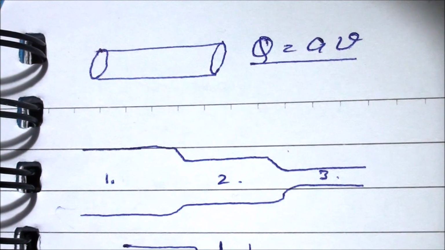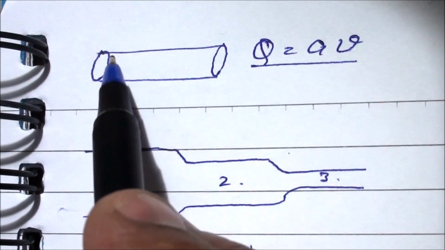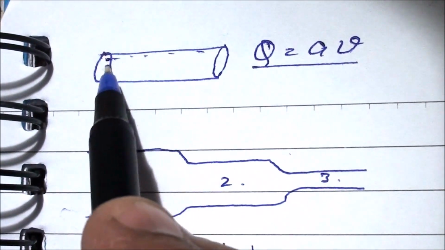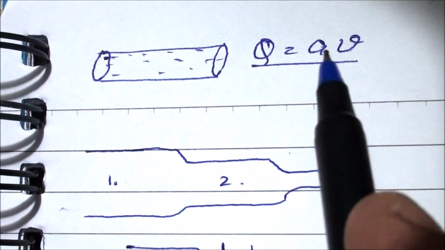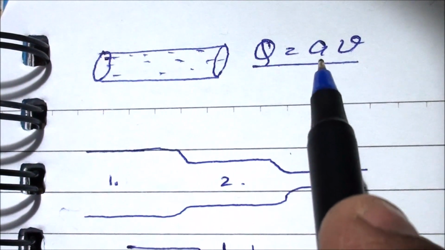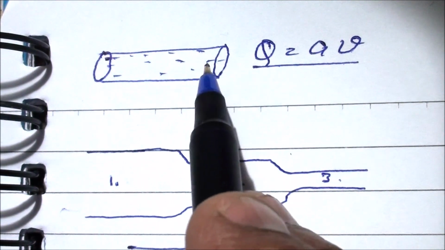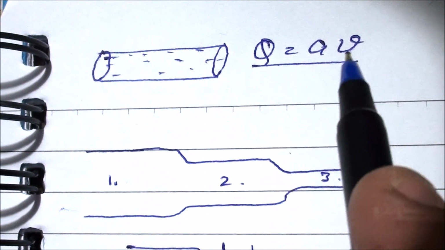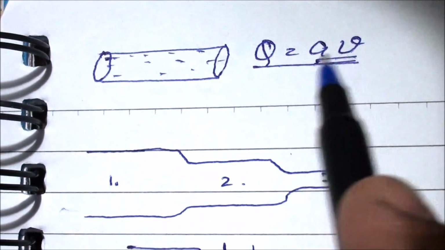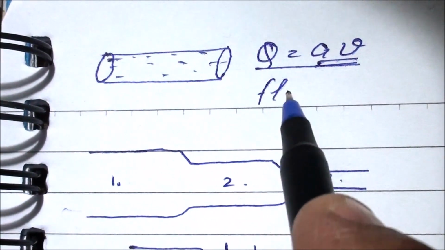Based on Bernoulli theorem, if we consider water flowing through a tube, then the product of the area of cross section and the velocity with which the water is moving is called flow rate.